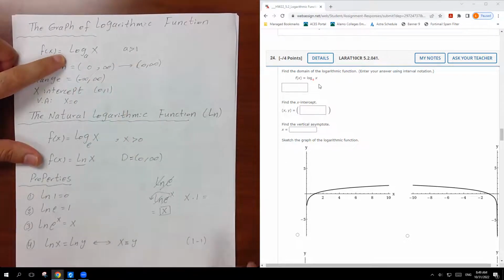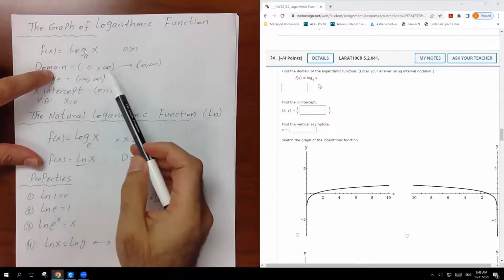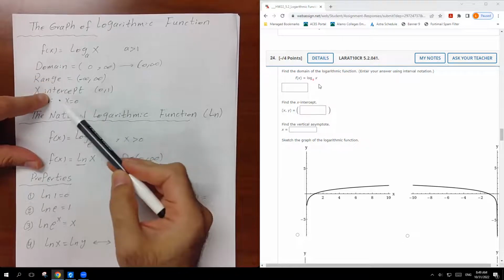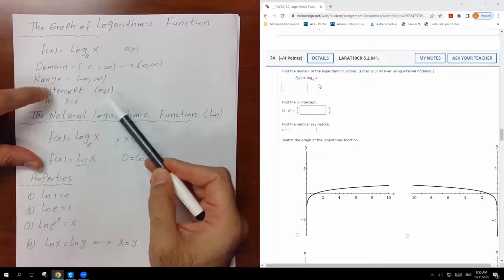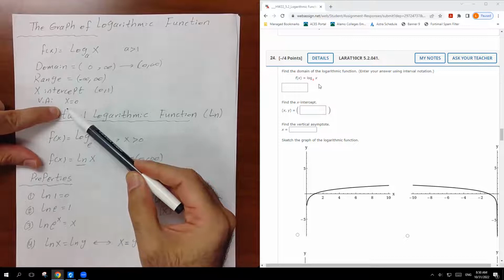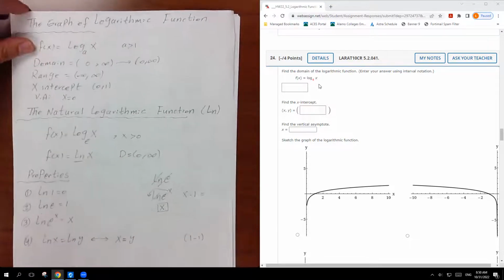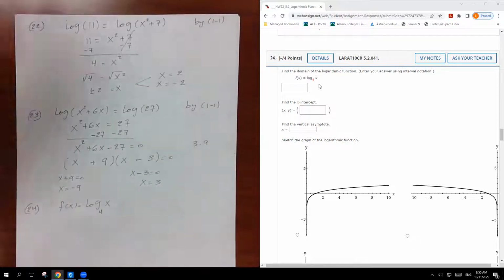So our function is exactly that. The domain is from 0 to infinity, the range is negative infinity to infinity, the x-intercept is 1, 0, and the vertical asymptote is x equals 0. That means x equals 0. So that makes everything easier for you.